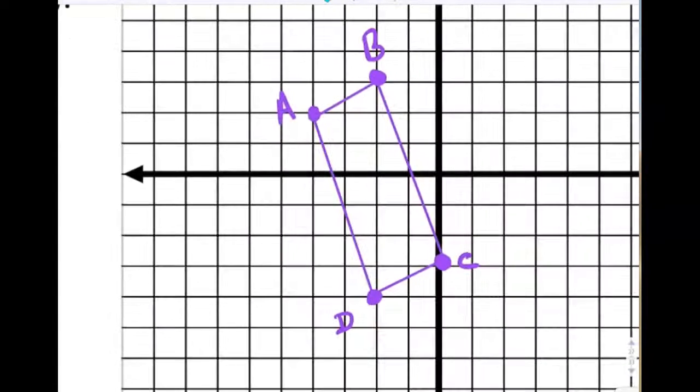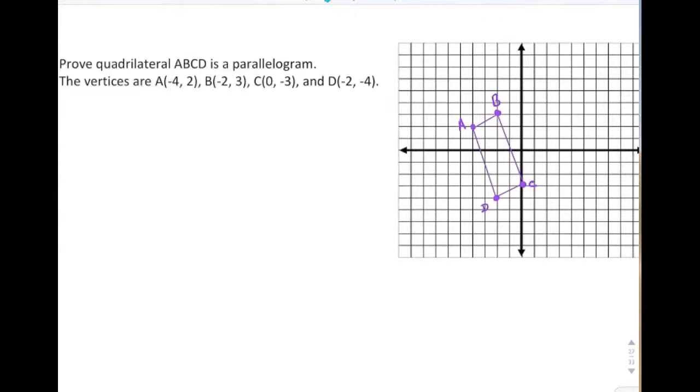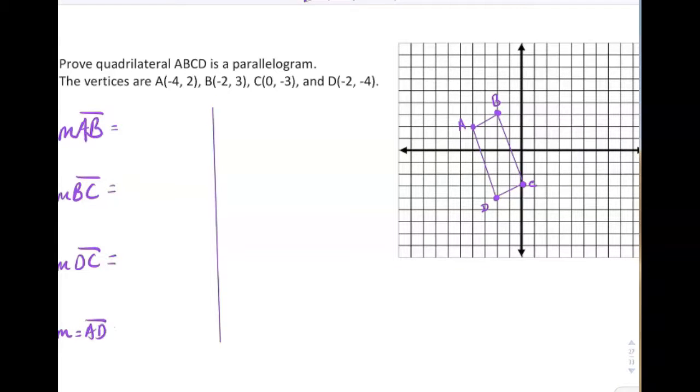Okay, now this has 4 sides, right? So we want to find the slope of all 4 sides and then the distance of all 4 sides. So here's one way you could look at it. Slope is the letter M, if you remember, right? So the slope of AB, and then we'll find the slope of BC, and then the slope of DC, and then all the way back around, the slope of AD. So there's the 4 sides: 1, 2, 3, 4.